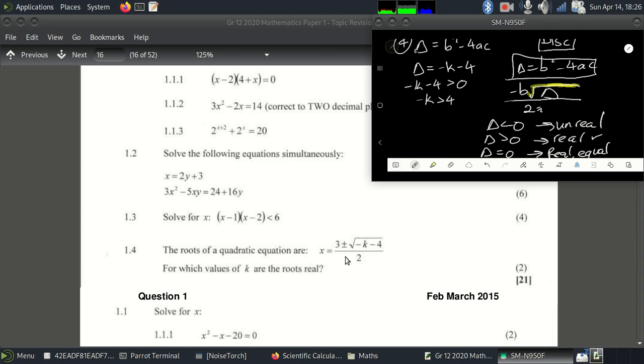So I need to solve for the positive k. I'm going to divide both sides by negative 1. And when you divide both sides by a negative, your sign has to flip. So my sign will actually look like this: less than. And then I'll have my negative 4. And voila, I have found the values.